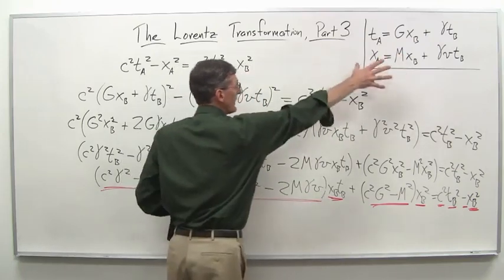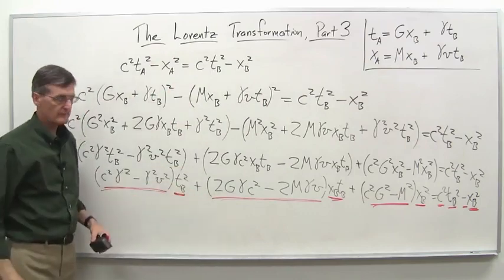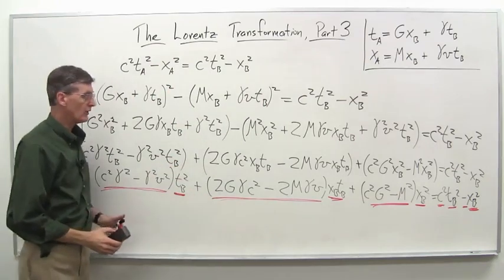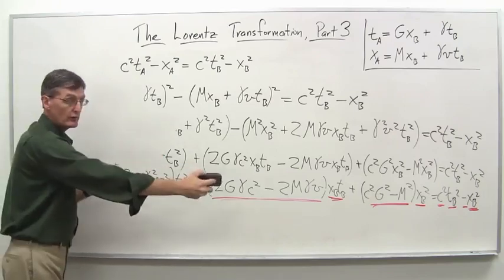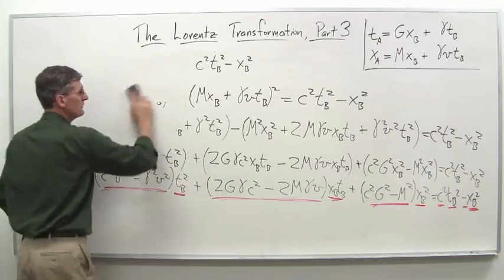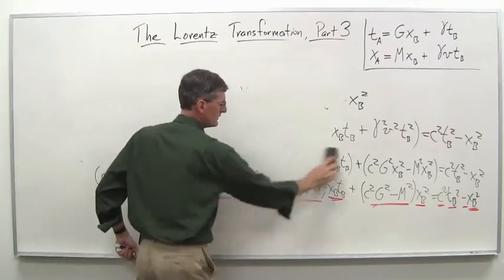So we just took that, the TA and XA, plugged it in here, and then just cranked through some algebra. And this is where we've gotten to at the moment. We just talked through it, and we're going to write down the results there.